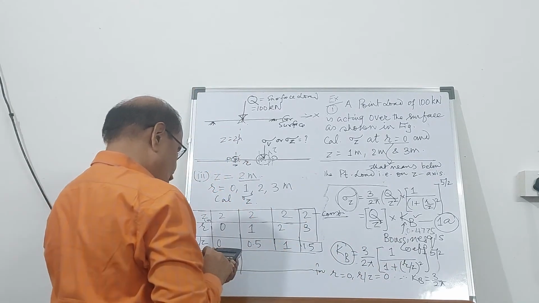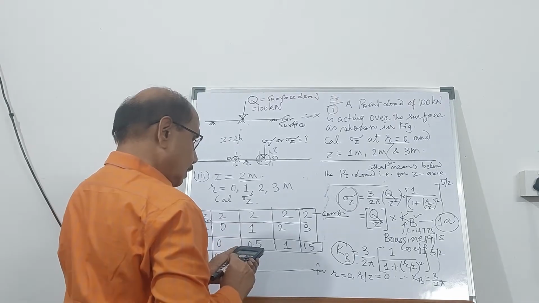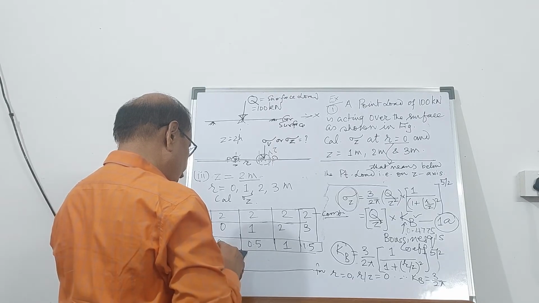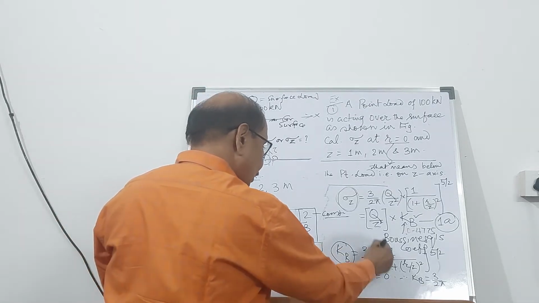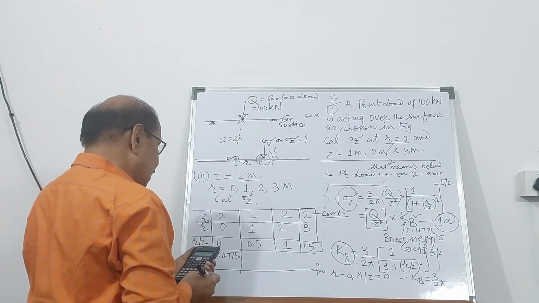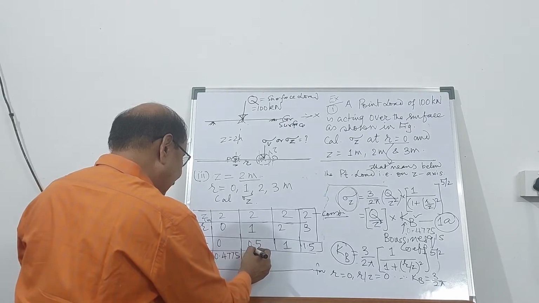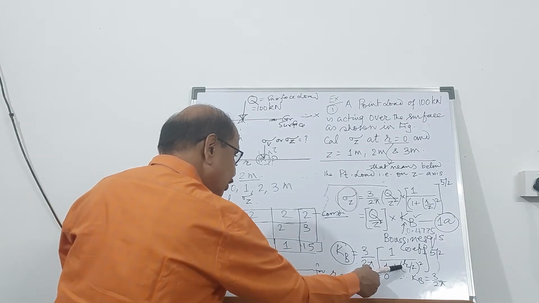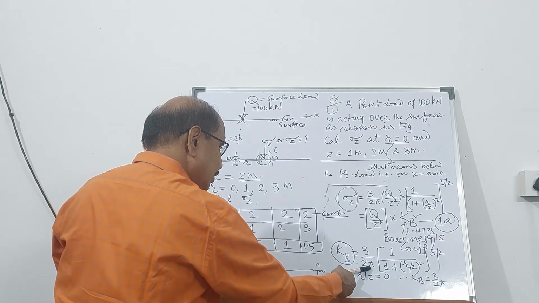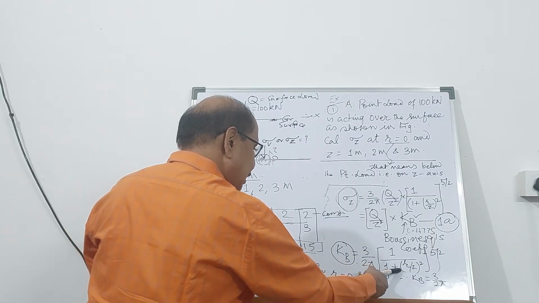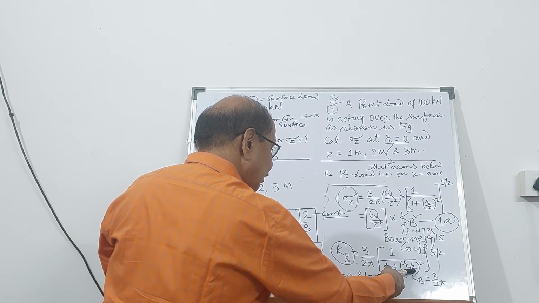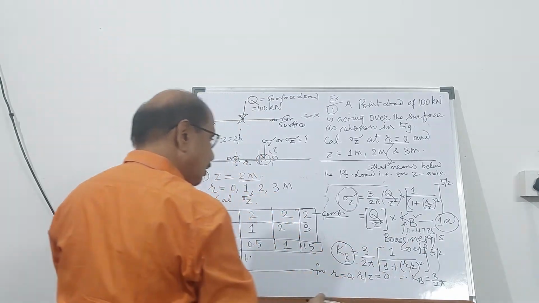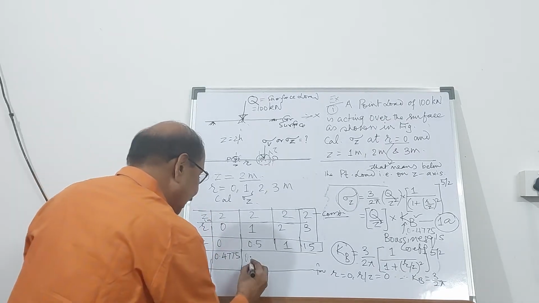Then power is 2.5, multiplied by 0.4775. 3 by 2 pi is 0.4775. So for 0.5, the value you can calculate from this expression. 3 by 2 pi is 0.4775 into 1 divided by 1.25, that becomes 0.8 raised to power 5 by 2. You get 0.27.